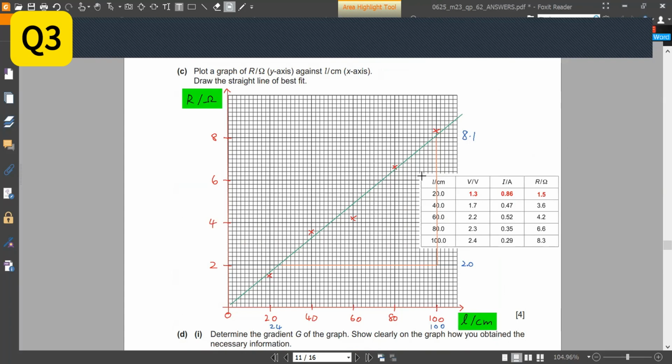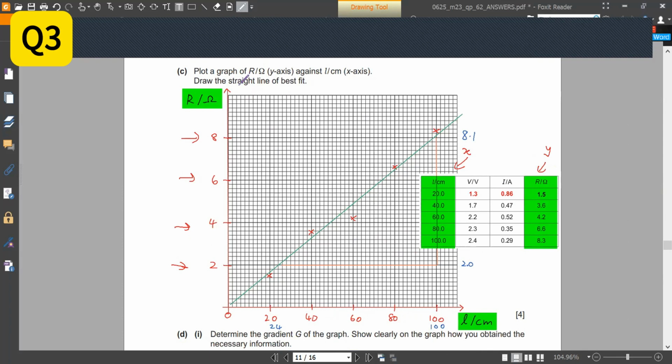So the x-axis is from 20 to 100. So the suitable scale will be 0, 20, 40, 60, 80, 100. And then for resistance, we are going from 0 to 8, so we can use this scale here, 2, 4, 6, 8. Straightforward. And then we plot each point accordingly for the x and y coordinates.